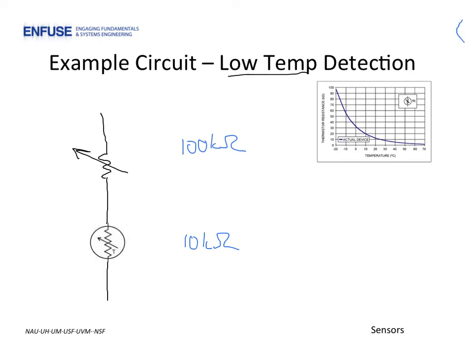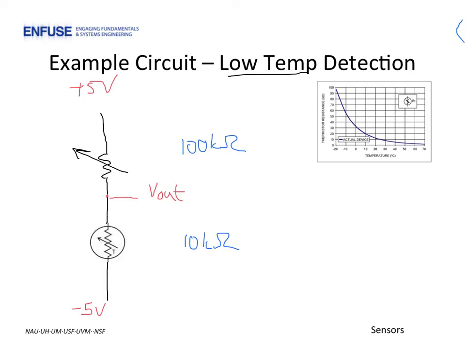Let's set the voltage at the top node to be plus 5 volts, and the voltage at the bottom to be a negative 5 volts. And let's investigate what happens at this node here, and we'll call this voltage here V out.